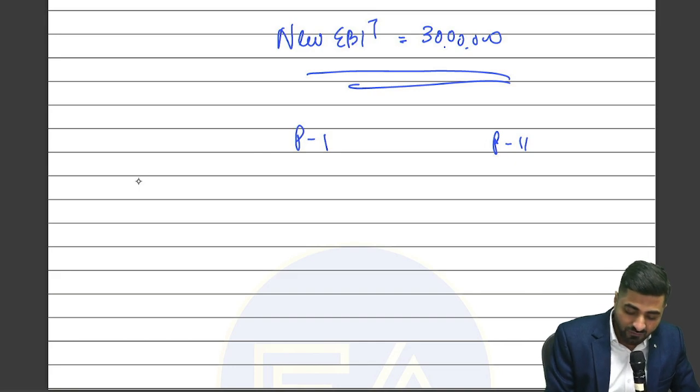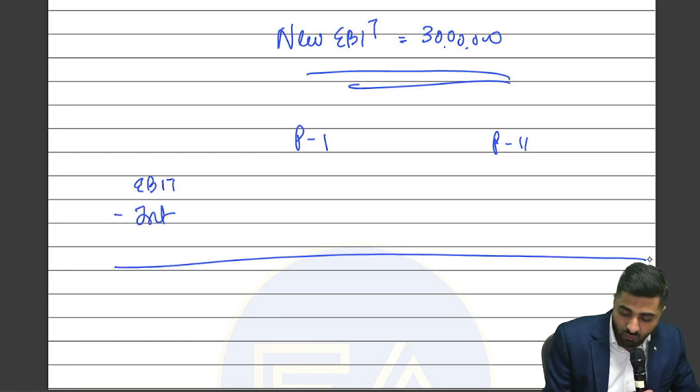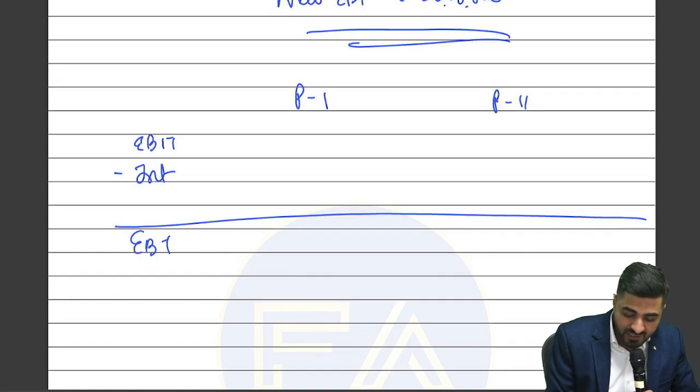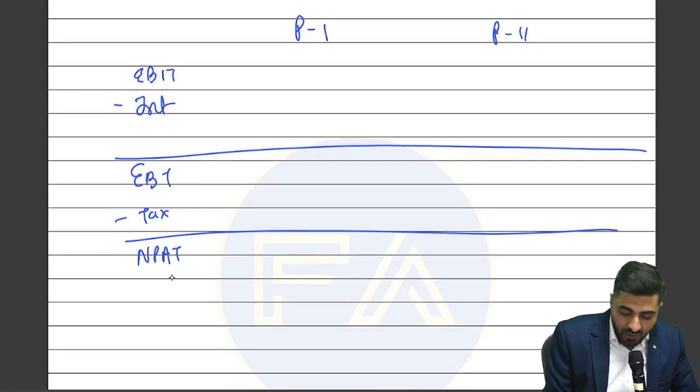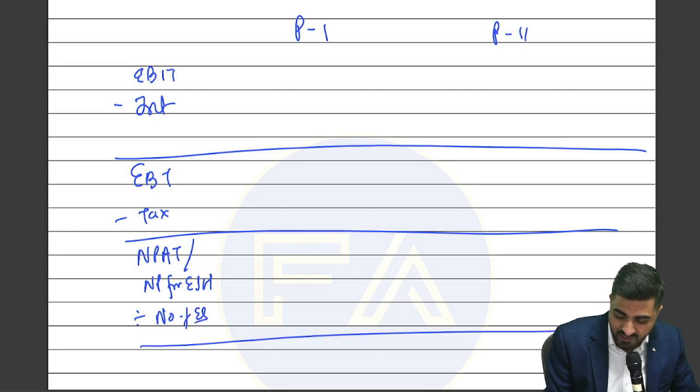Give me the format of the income statement. How do you start with the format of the income statement? EBIT. Minus what? Interest. What do you get? EBT. Minus what? Tax. What do you get? NPAT. Is there any preference share capital in this question? No. So this is net profit for equity shareholders. If I divide by the number of equity shares, what is this going to be?